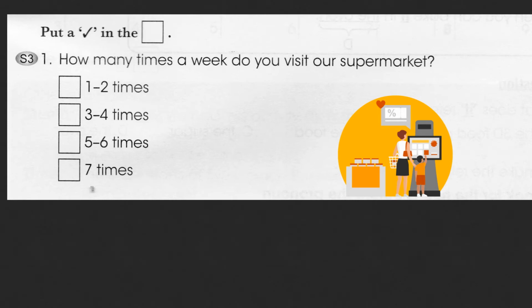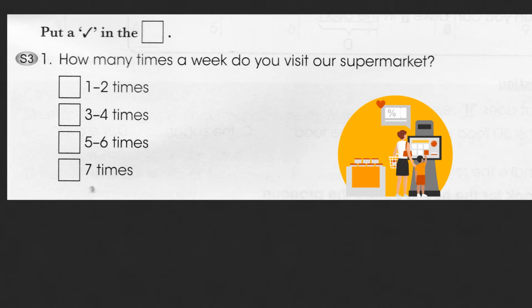When you make predictions, use your personal experience to help you. Think about your supermarket shopping experience and ask yourself, how many times a week do you visit a supermarket? Then use the process of elimination to cross out the answers which are less possible.